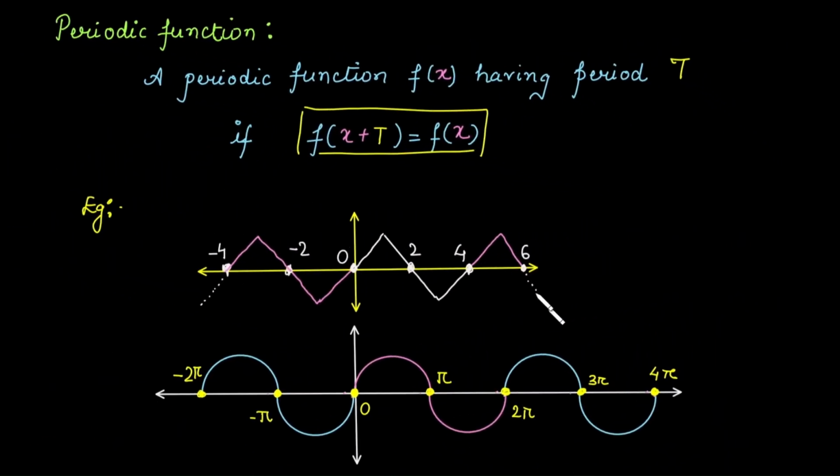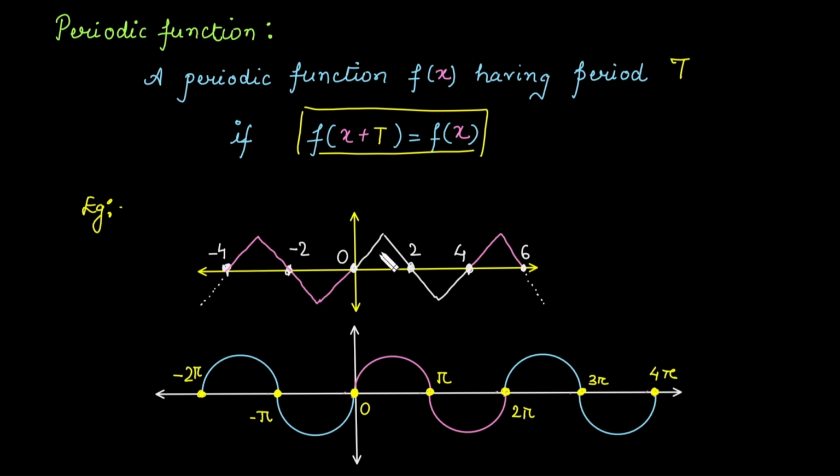Let's understand with the help of these two figures. Over here we get a zigzag form, and a similar form repeats after some time. If you observe, from -4 to -2 we have an upper triangular, from -2 to 0 a lower triangular, and the same from 0 to 2 and 2 to 4.